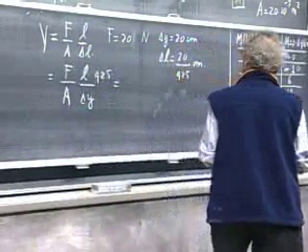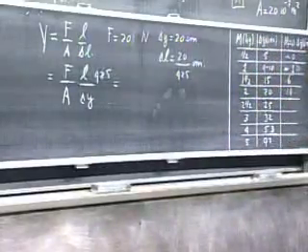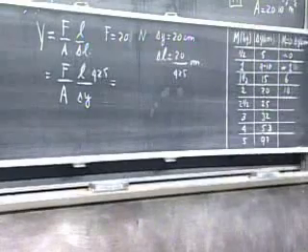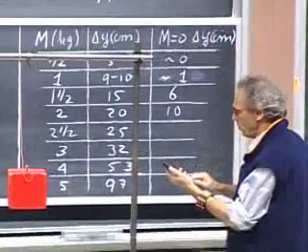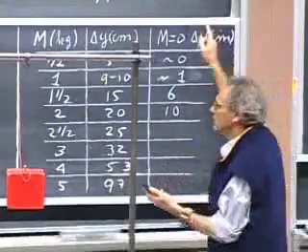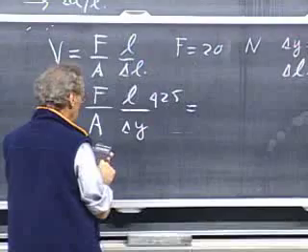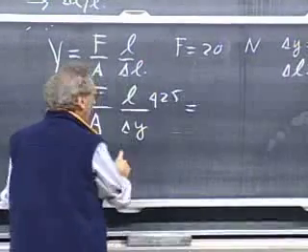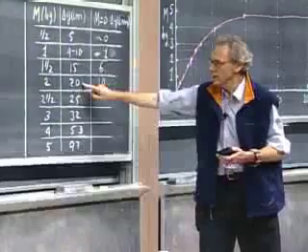20 newtons. That's right. The area is 2 times 10 to the minus 7, and I divide by the area. I multiply by the length, which is 0.36. I multiply by 425. And I divide by delta Y, but I need delta Y in meters, so that's 0.2.